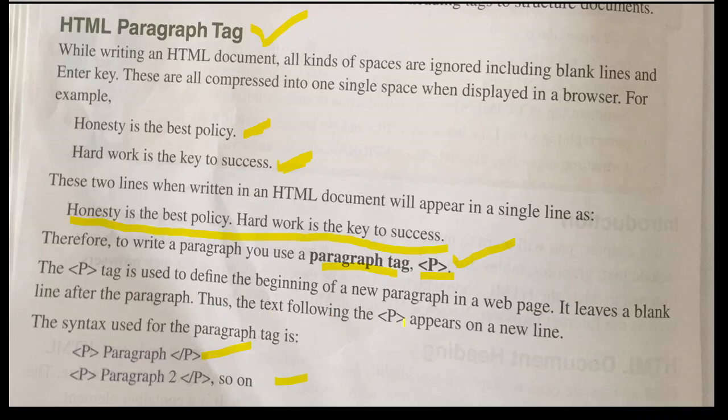Thus, the text following the P appears on a new line. A P tag is also a container tag. So you can use the P tag if you have long lines of text, and then you can close it by using the closing tag of the P tag.